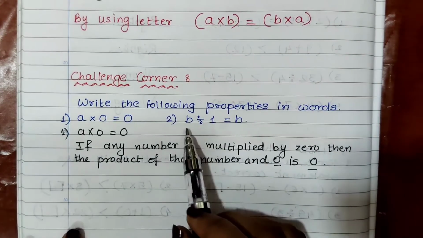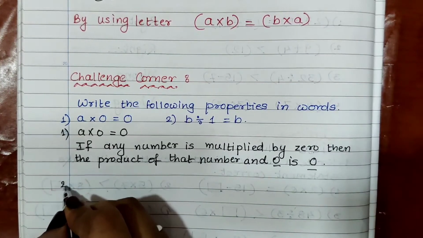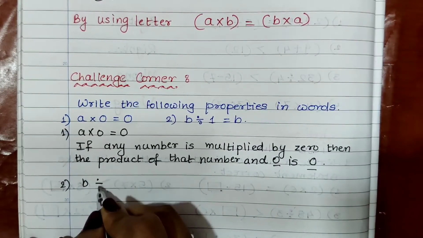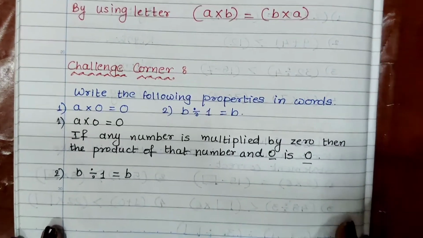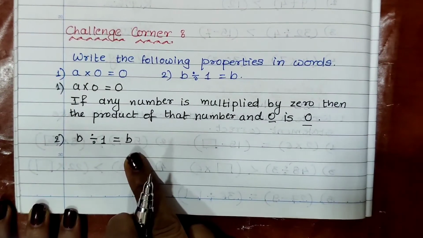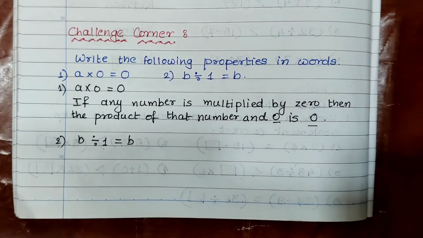Now next property is b divided by 1 equal to b. That means b is representing any number. So any number divided by 1, answer is that number. How to write it in the words?